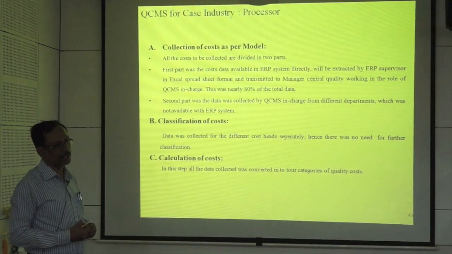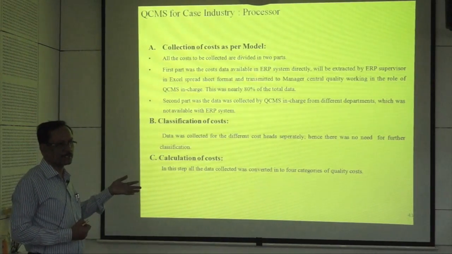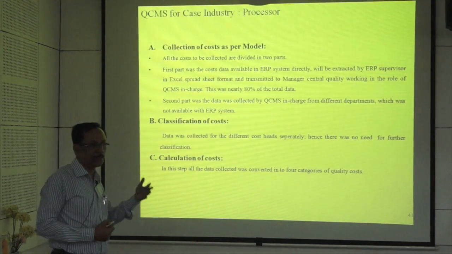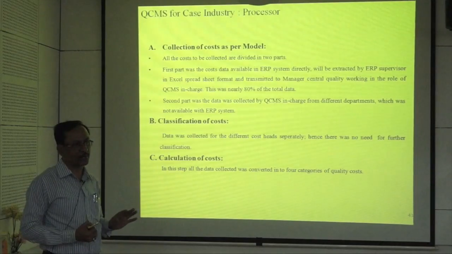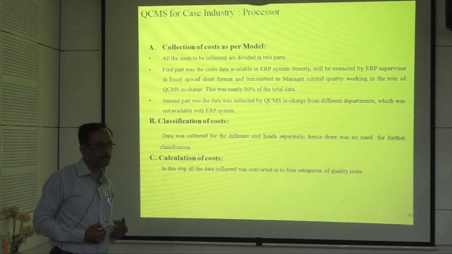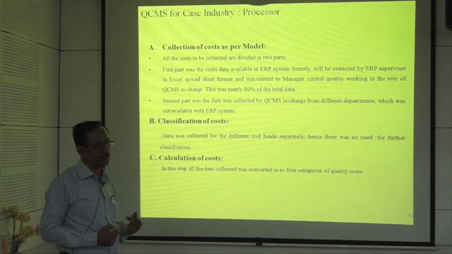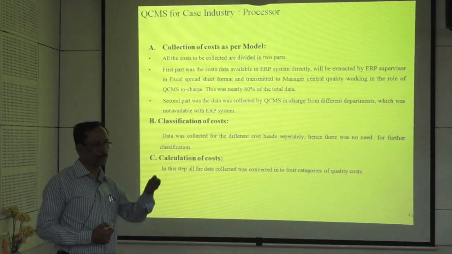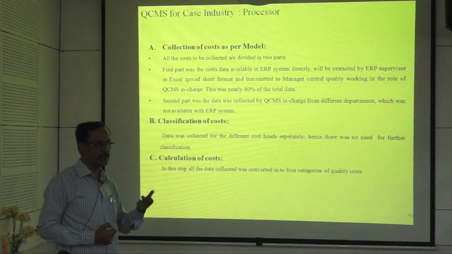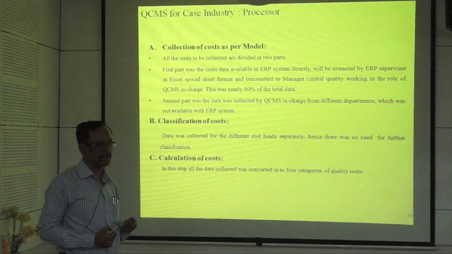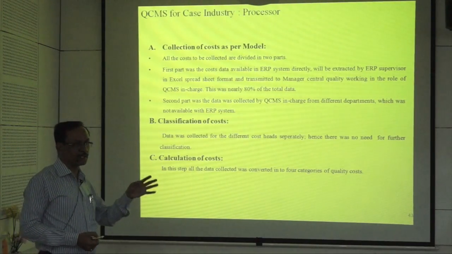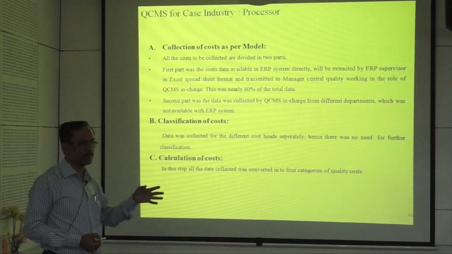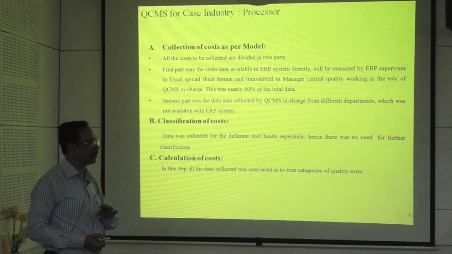Then cost data: as per the previous step, the cost elements were decided, and accordingly cost data is collected. Basically, there are two parts. One is readily available in the ERP system, such as rejection and cost of rejection, which can be multiplied and obtained. Such data is in 4 categories: prevention, appraisal, internal failure, external failure.